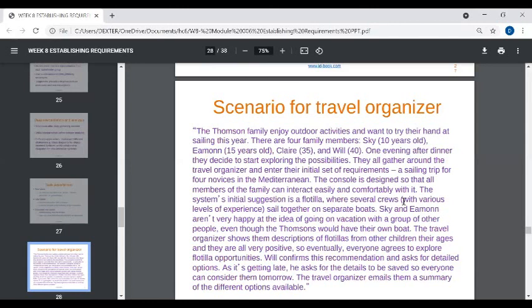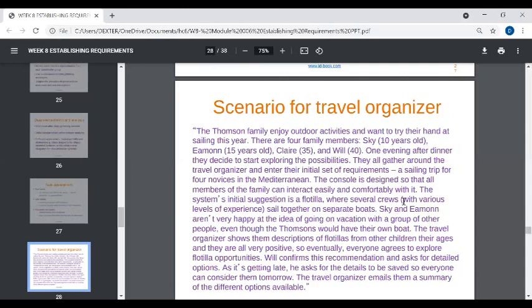The system's initial suggestion is a flotilla, where several crews with various levels of experience sail together on a vacation, each on a separate boat. Sky and Eamon are not very happy at the idea of going on a vacation with a group of other people, even though the Thompsons would have their own boat.